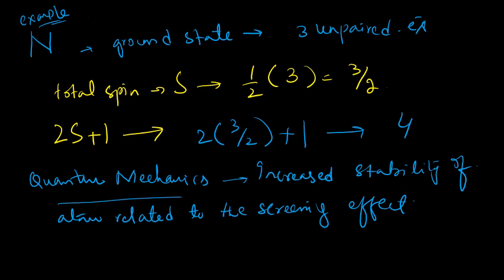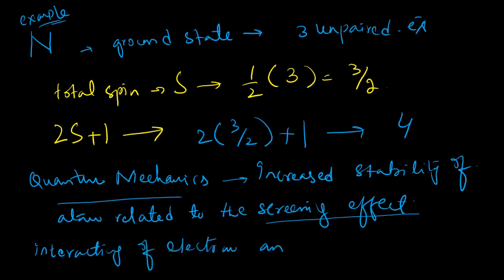And we know that increased stability is related to a decrease in the screening of electrons, and the screening effect is related to the interaction of electrons and the nucleus.